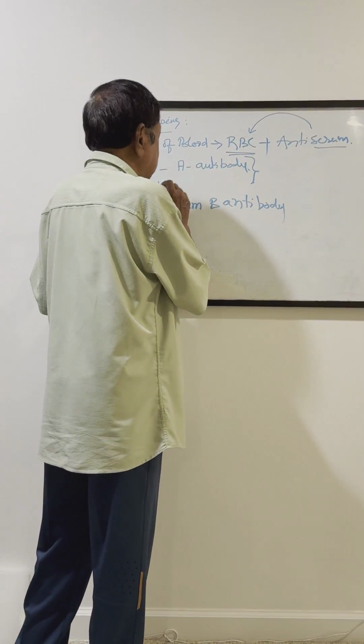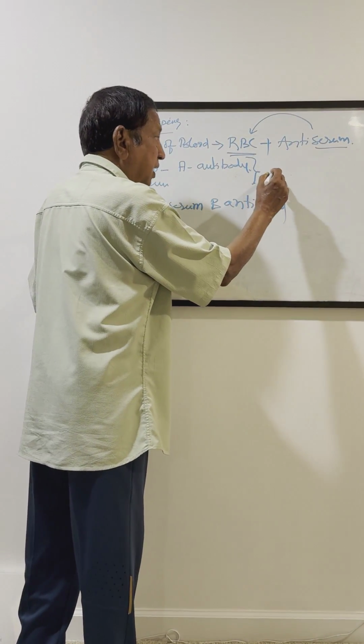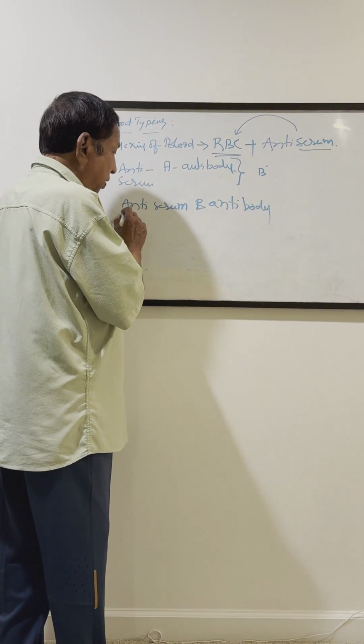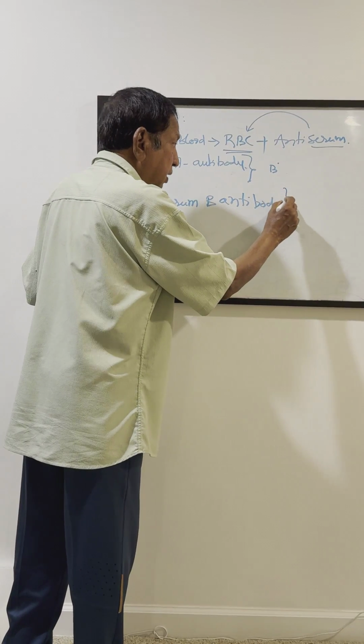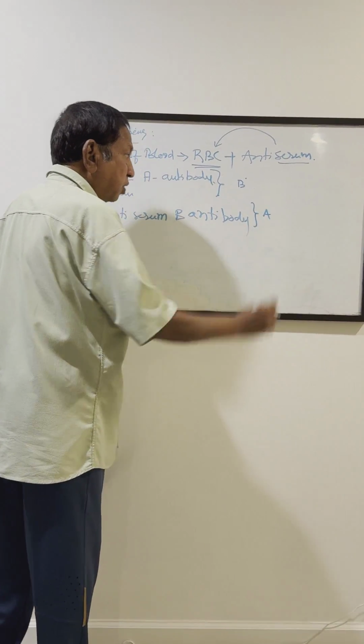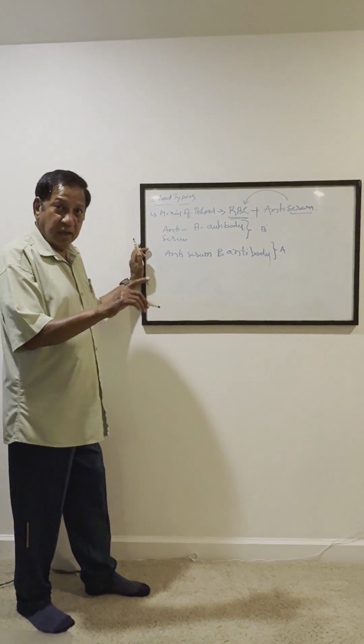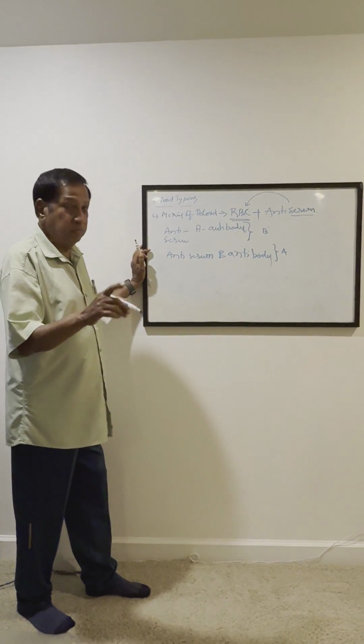Anti-serum A antibody has the so-called antibody B. Now, anti-serum B antibody will have the antibody A. I already told you that A type of blood must match with the antibody.